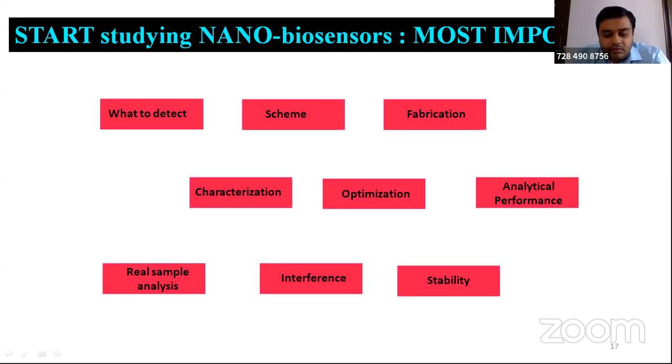For example, if we have developed an analytical sensor for detection of a cancer biomarker, for example HER2, a breast cancer biomarker, or the SKBR3 breast cancer cell, you will not test that protein or cell in soil. It doesn't make sense. So the real sample matrix is very important to select.